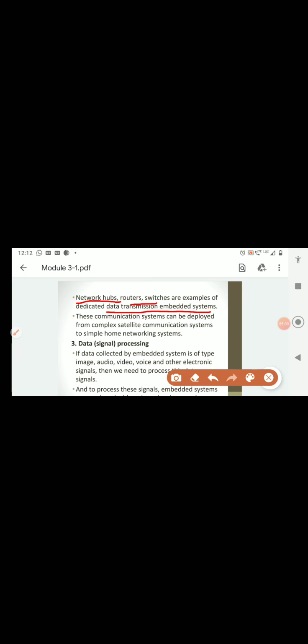And these communication systems can be deployed from complex satellite communication systems to simple home networking systems.